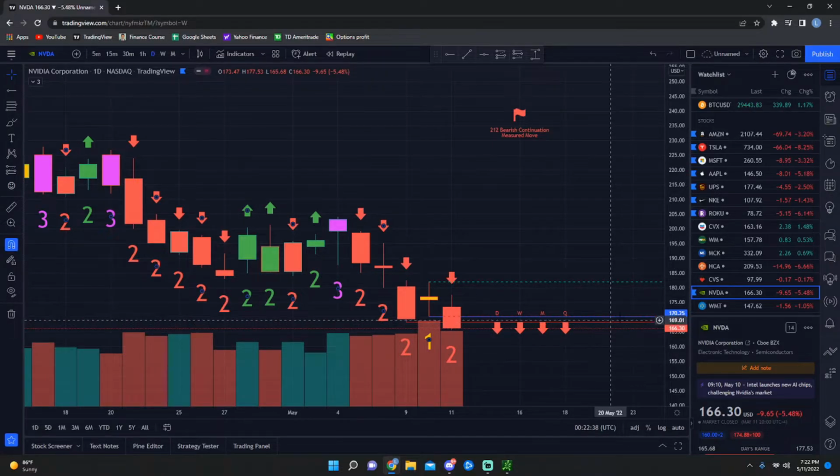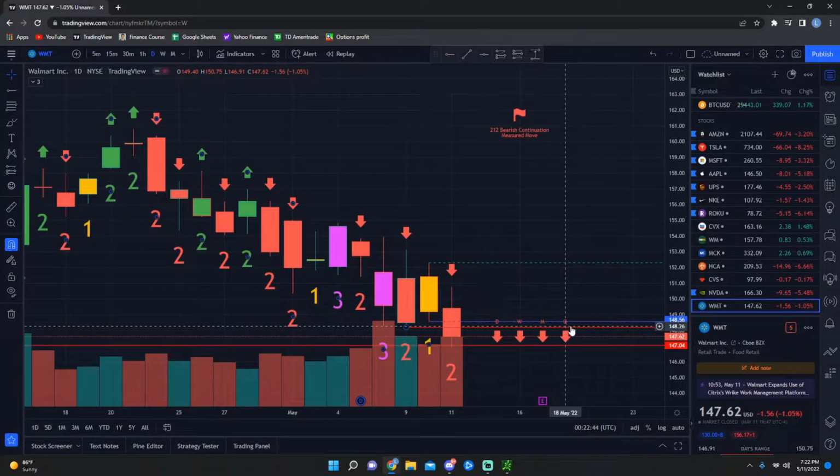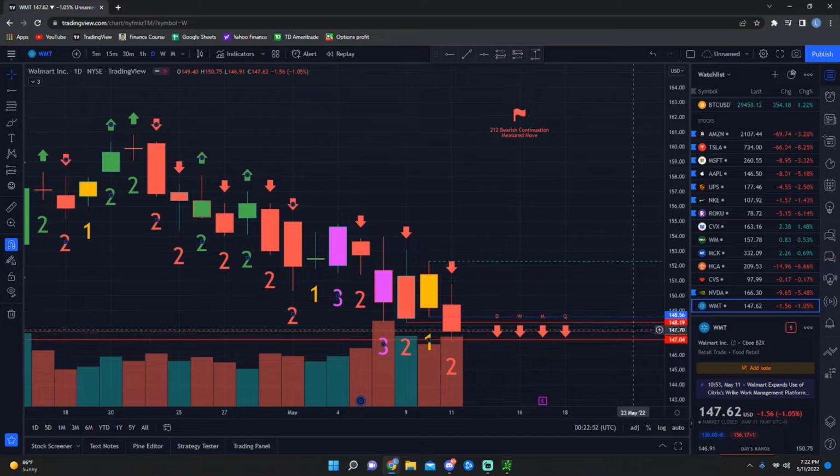That's what they had, so that's what I would buy. Walmart would be a 148 put here. I always do what is closest to my first target. If I have multiple targets that I mark out, it'll always be my first target. So it's just whatever my first target is, that is the contract price I buy.